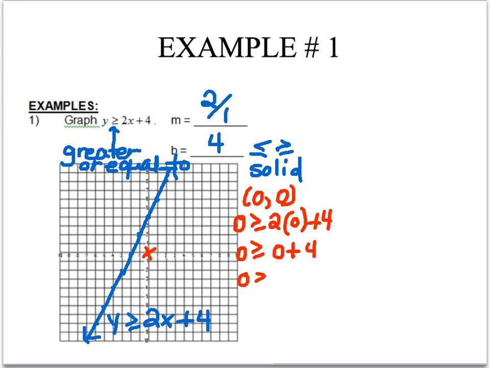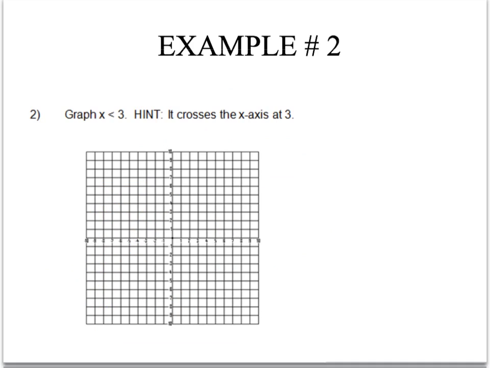Is 0 greater than 0 plus 4, which is 4? Well, it's not. 0 is not greater than or equal to 4. So I'm going to say no, it's not. And I am going to shade the other side of the graph because this statement was false.